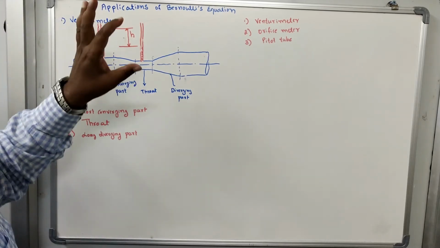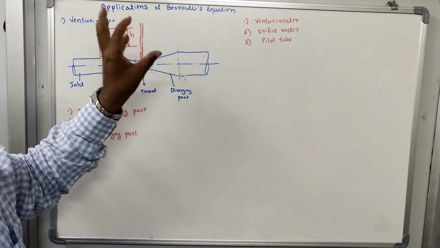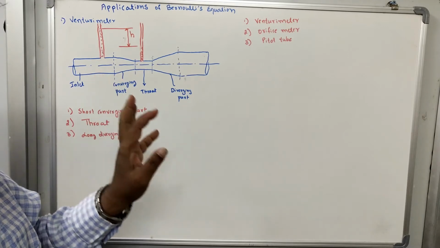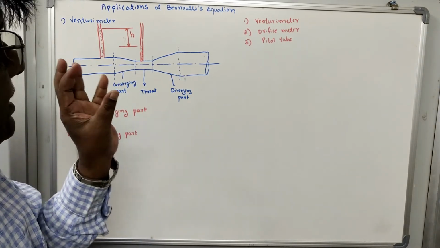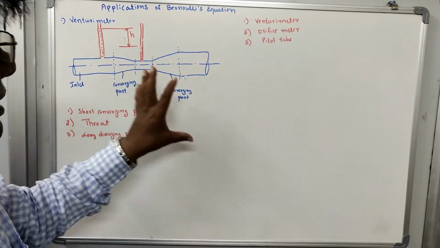And also, as I told, Bernoulli's energy equation can be used to analyze all types of incompressible fluid flow problems. So now we will discuss the specific application of Bernoulli's energy equation in this class.